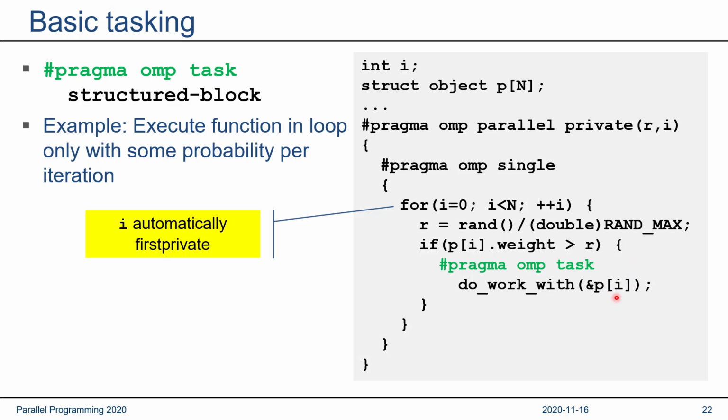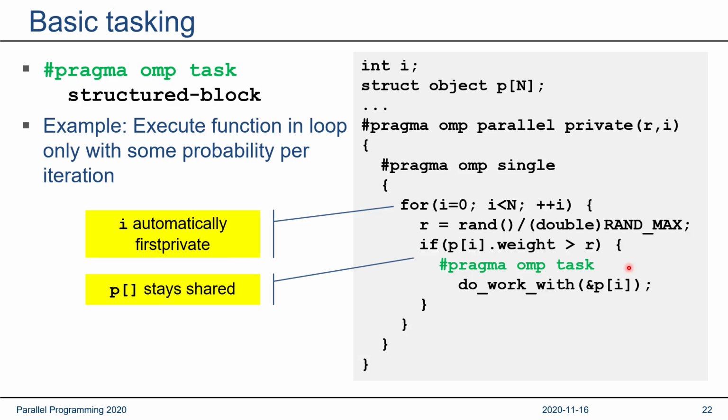Of course, I would like to do that because i has to be put into the data environment of this task. i is the position at which I want to access the array P. So whenever this task is packaged, when the code is packaged with the data environment, this i has to be part of this package, which means it has to be firstprivate. Now, it doesn't hurt if I specify a firstprivate clause on the task construct here, but I don't have to because i was already private in the enclosing context.